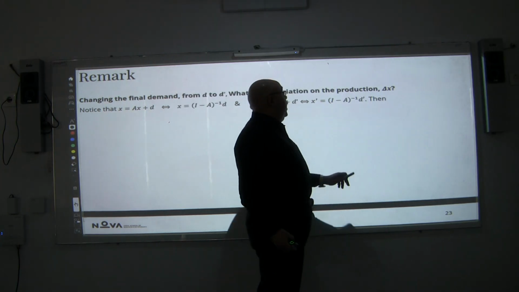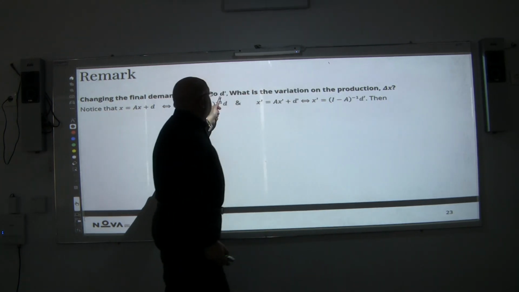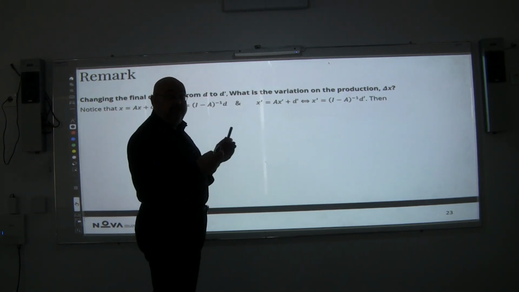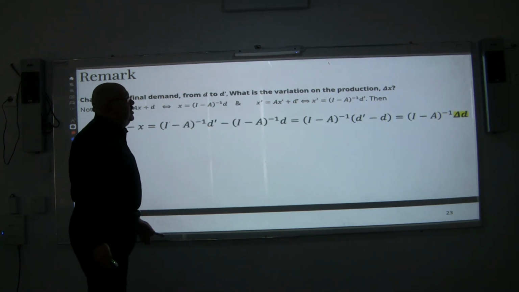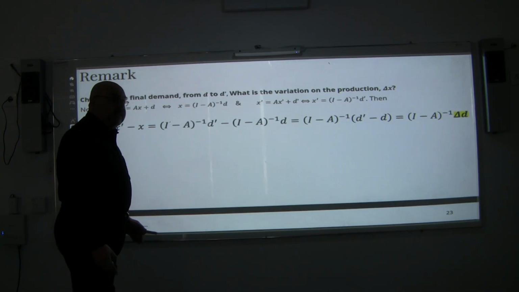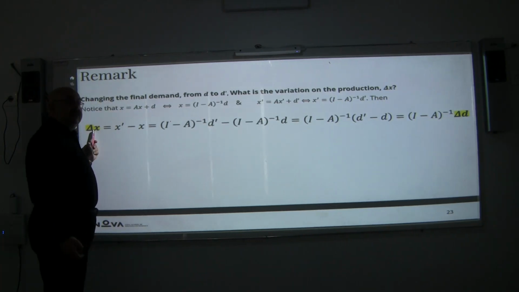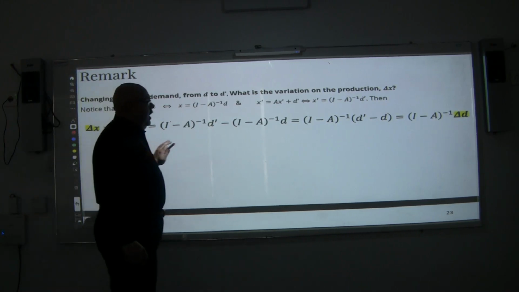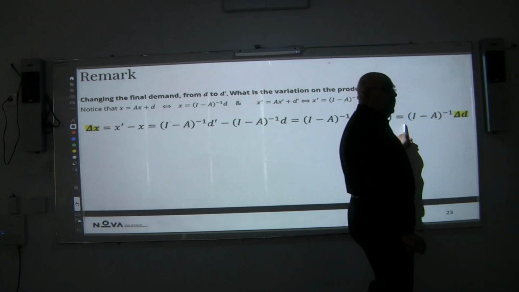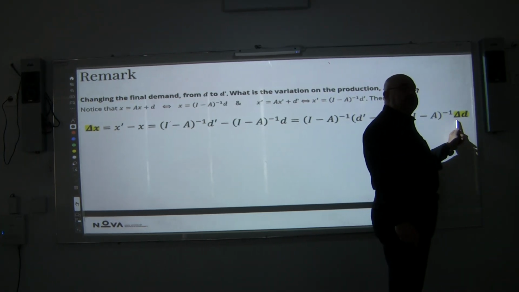So if you want to have delta D, a percentage of a change in the demand, all I have to do is get the difference between them. What's the increase or decrease in production due to a change in demand? All I have to do is get delta X, which is the inverse Leontief matrix times the difference in demand.